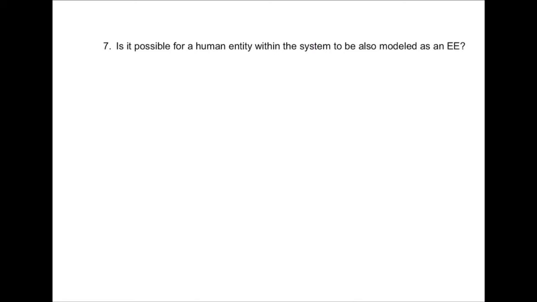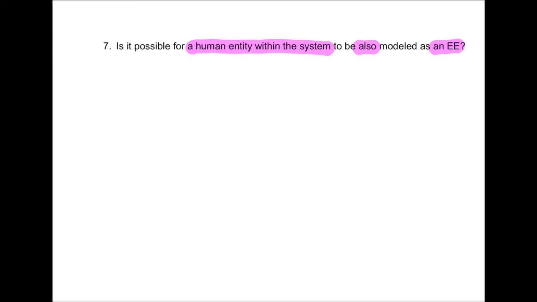This question turns out to be quite puzzling for some students. Is it possible for a human entity within the system to be also modeled as an external entity? Well, we need to first remember that it's not the human entity itself that we're interested in, it's the role of the human entity that we're modeling.